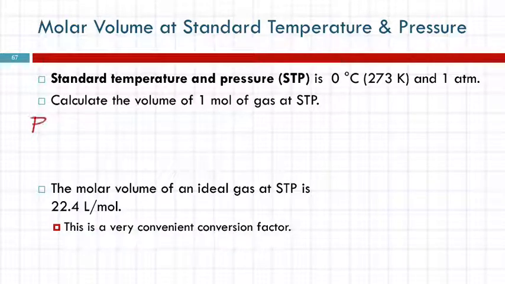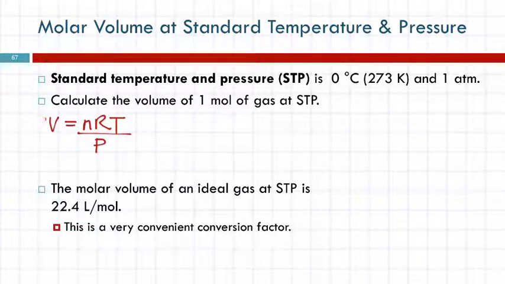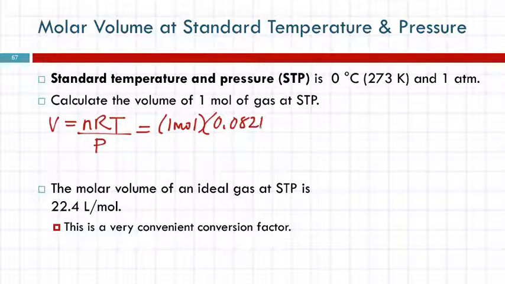So PV equals nRT. I'm going to divide by P on both sides, and there's my equation. N is 1 mole, and R is what it always is, 0.0821 liter atmospheres per mole Kelvin.